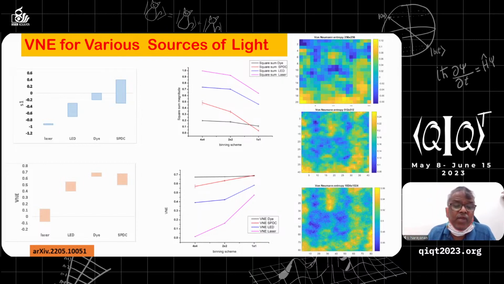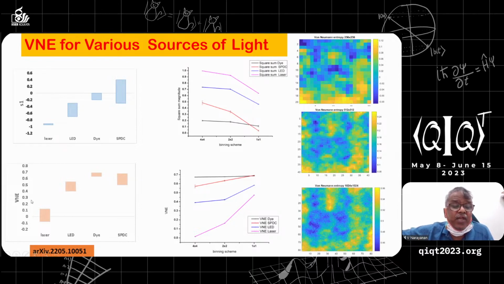By doing so, we looked at 4 different light sources: a laser, an LED, a dye, which is similar to the fluorescent emission coming from one of the dyes, and then SPDC. You can see here that as the binning increases, we are able to see a much, much better response, both in terms of the von Neumann entropy as defined earlier, and also the sum of the squares of the magnitudes.